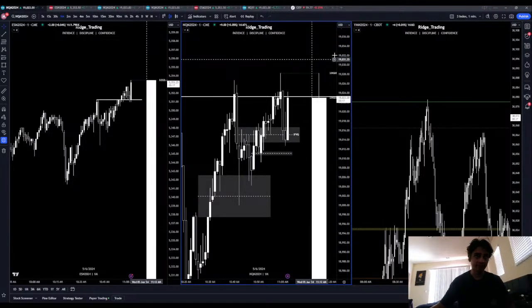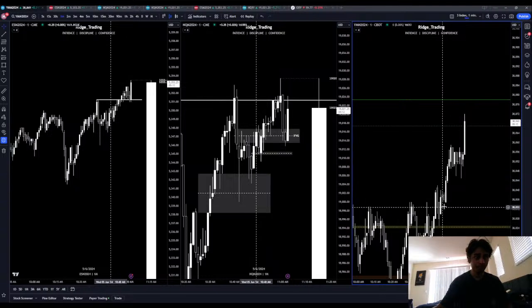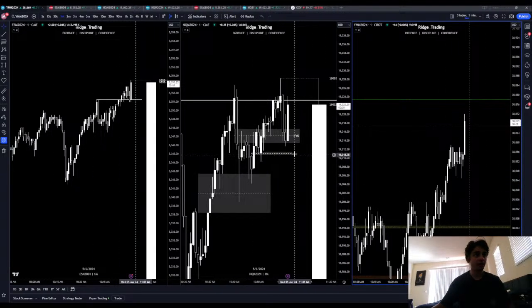If we don't get an SMT or something to signal reversal in the next 15 minutes, then I'm probably not gonna be looking to short anytime soon.